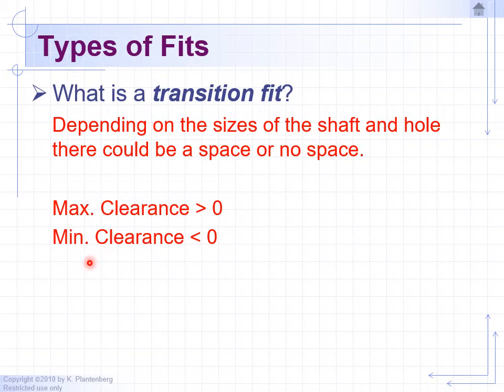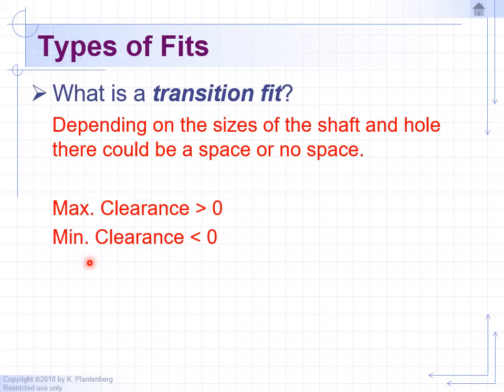When you have a bucket full of shafts and a bucket full of blocks with holes, as long as they both are within the tolerance provided by the drawing, if you randomly pick a shaft out of the bucket and a block with a hole randomly out of the other bucket, and you place it inside, you don't know if you're going to end up with space or no space.